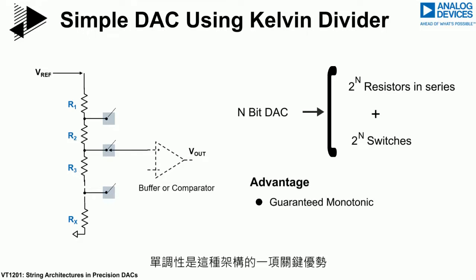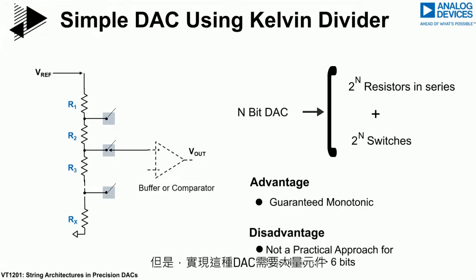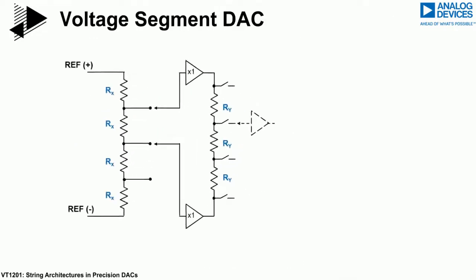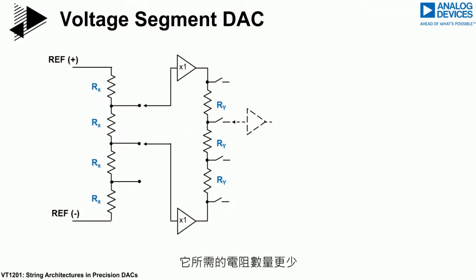A key advantage is the monotonicity associated with this architecture. However, a large number of components are required to implement such a DAC, making it a non-practical architecture if high resolution is required.